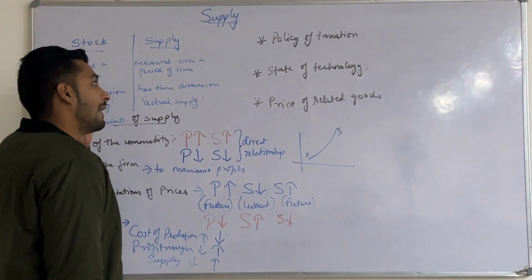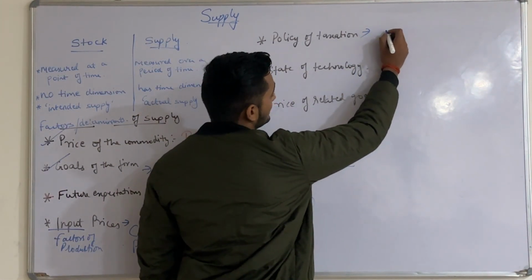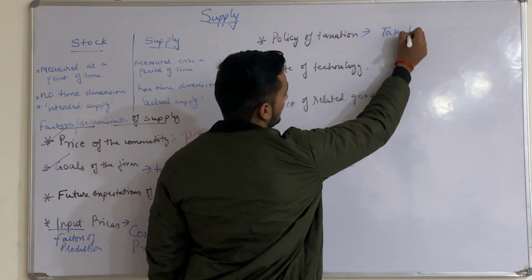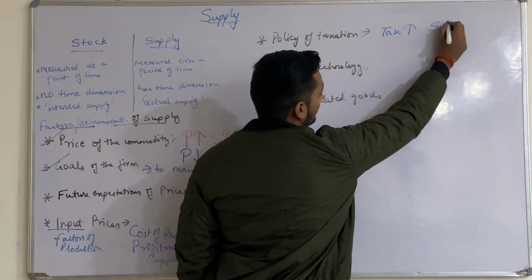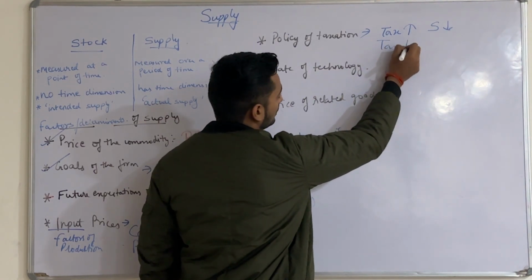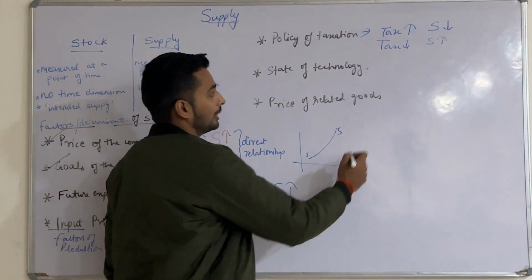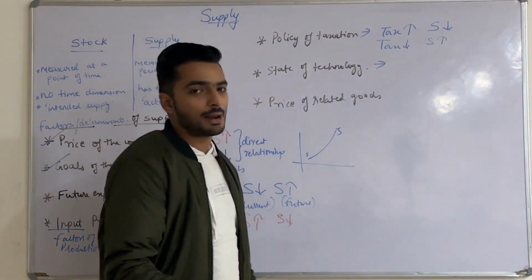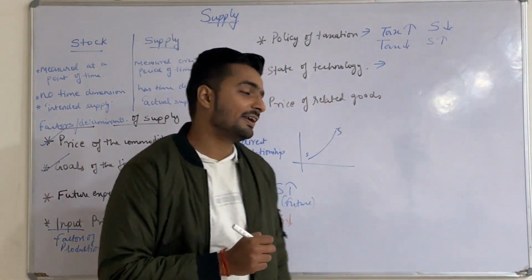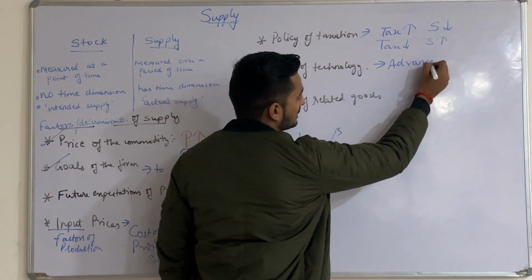Okay? Then you have policy of taxation. Policy of taxation means if there is an increment in tax, then supply will decrease. Right? And if tax charges are low, then supply will increase. Right? Then technology. How does technology affect the supply of a commodity? Suppose they are using advanced technology.